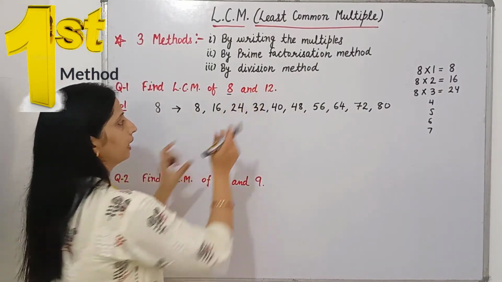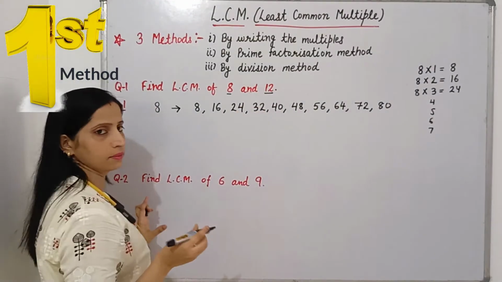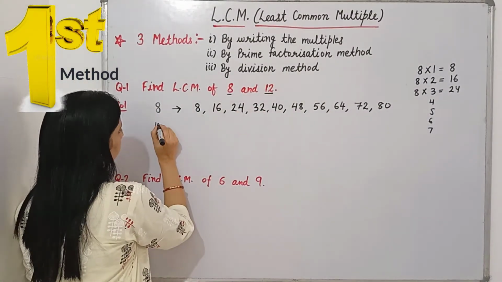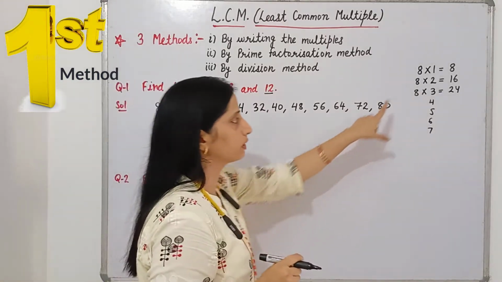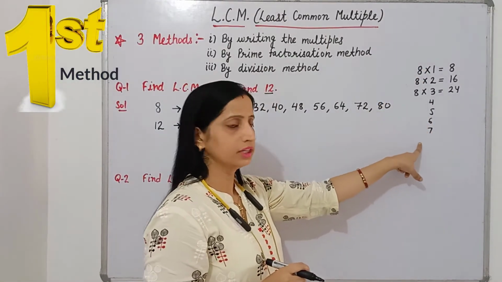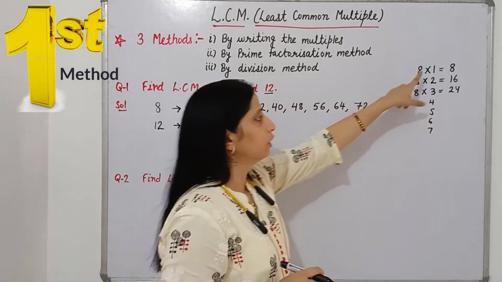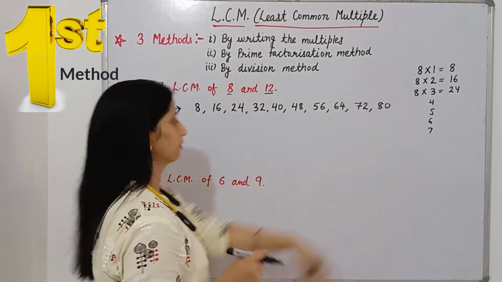Now we will write the multiples of the second number, that is 12 here. Similarly, we will find the multiples of 12 by the same method, by multiplying 12 by 1, 2, 3 and so on.